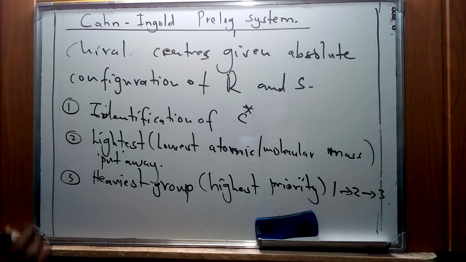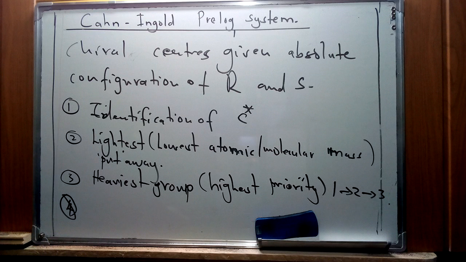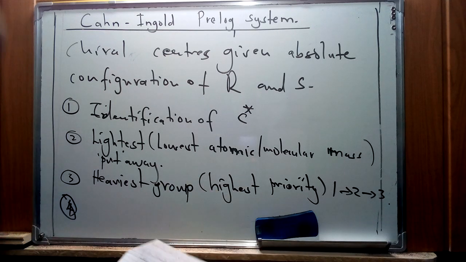Lastly, we're going to have a condition to determine whether a stereogenic center is an S or an R. For that configuration, the lightest group or atom is pointing away, and the highest priority is given to the heaviest, as we have said.